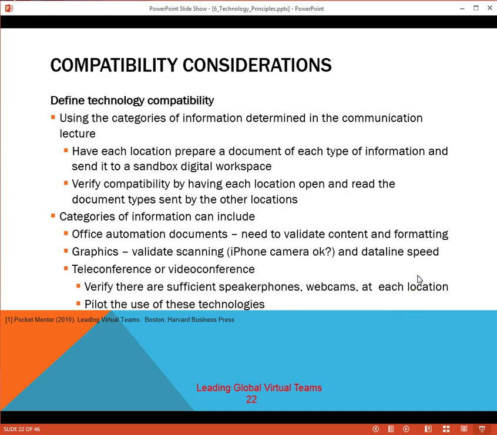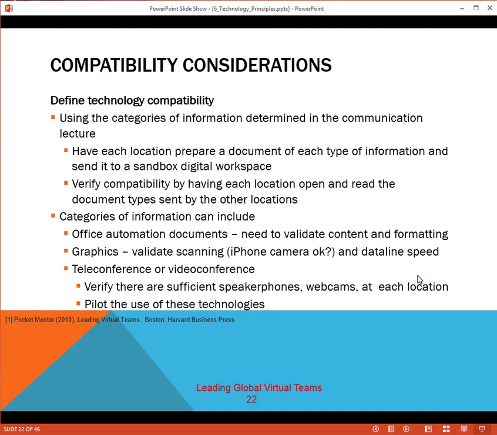Some compatibility considerations. Define your technology's compatibility. Use the categories of information determined in your communication lecture. Well, we went over that in the communication lecture, and you will have determined it in your communication plan. And have each location prepare a document of each type of information and send it to a sandbox digital workspace.